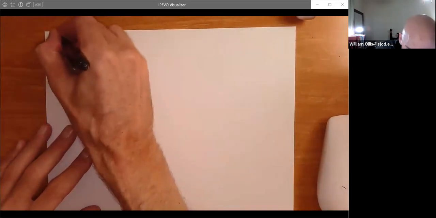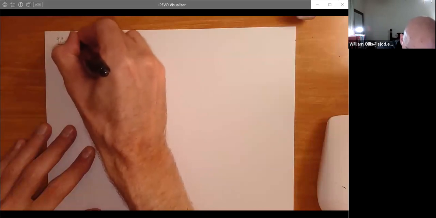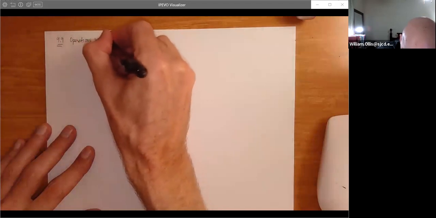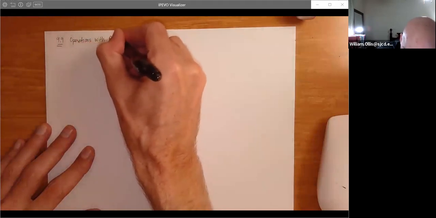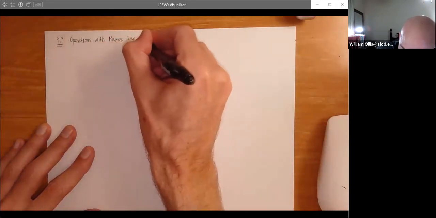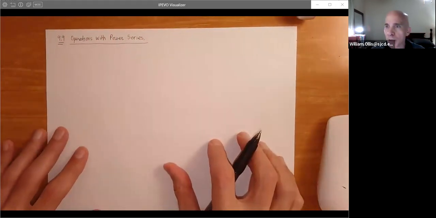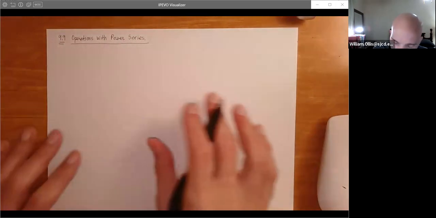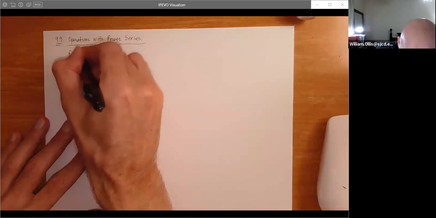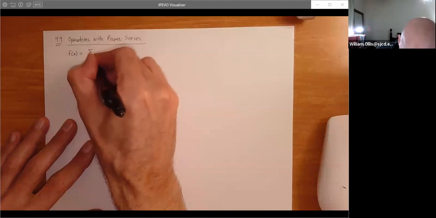So what we're going to look at is 9.9, operations with power series. Sometimes I'm going to be lazy and just write P.S. for power series, so we don't have to write that all the time, but you'll know what I mean. So let's look at two power series. Say that we have a function represented by the following power series, and this is in the generic form.